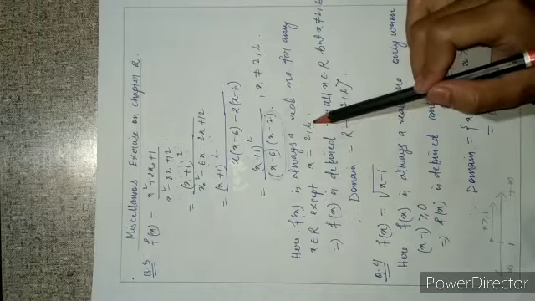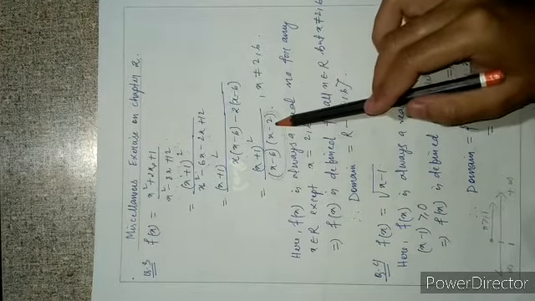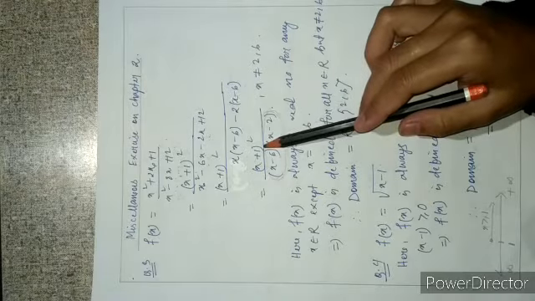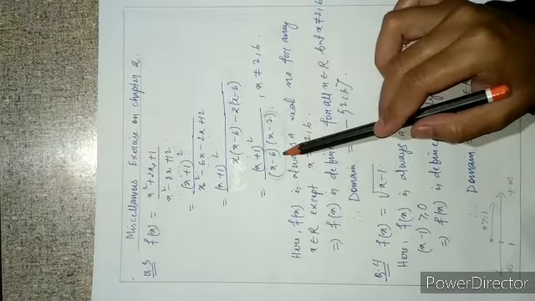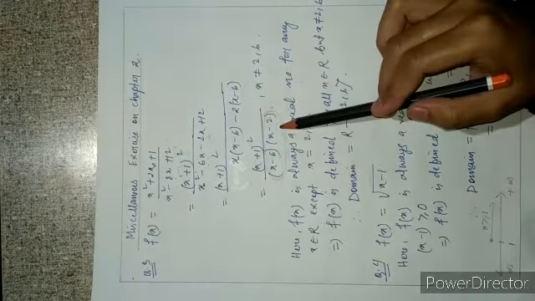So 2 and 6 have no image under the given function f(x) is equal to (x plus 1) whole square divided by (x minus 6) into (x minus 2).